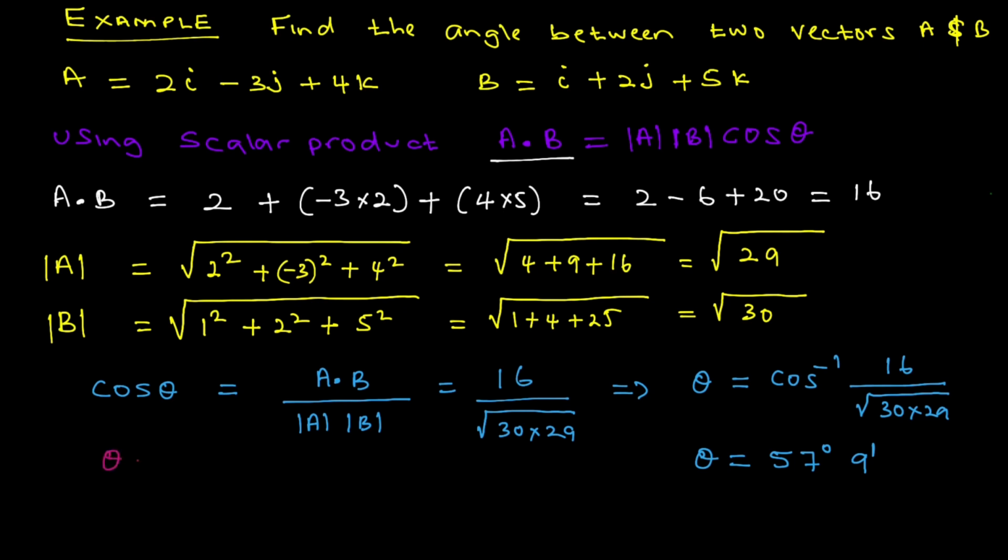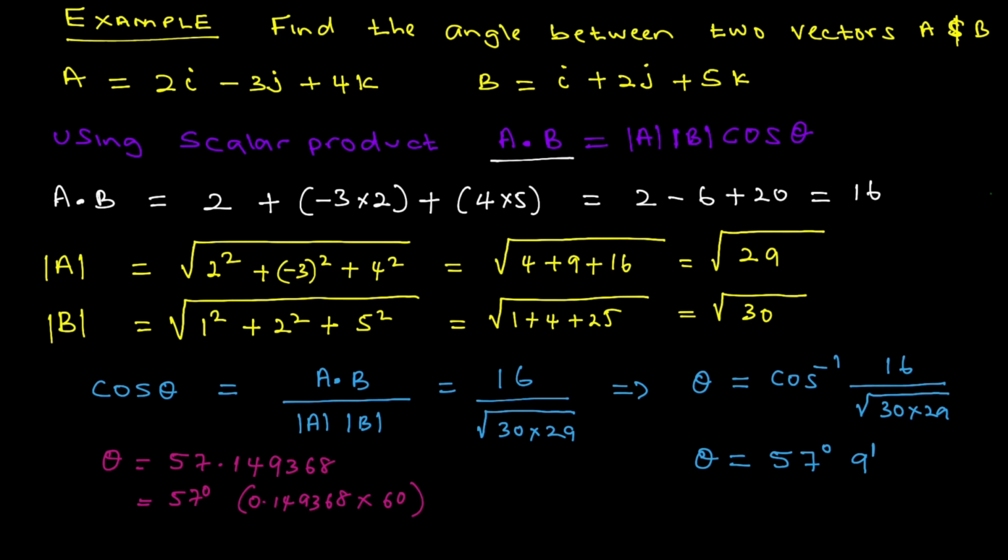Theta will be 57.149368, and then you want to write the 57 degrees, and the minutes are going to be 0.149368 times 60, because we want to change degrees to minutes.